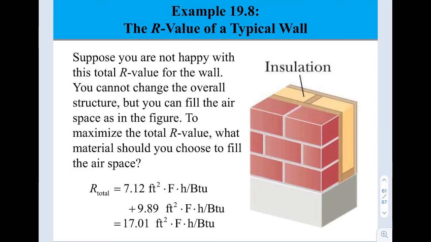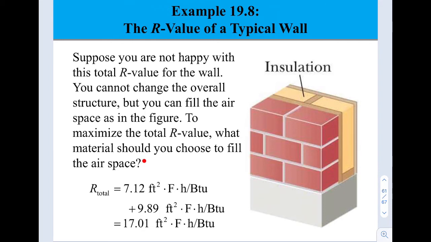Suppose you are not happy with this total R value of the wall. You cannot change the overall structure, but you can fill the air space, as in the figure, with insulation. To maximize the total R value, what material should you choose to fill the air space?